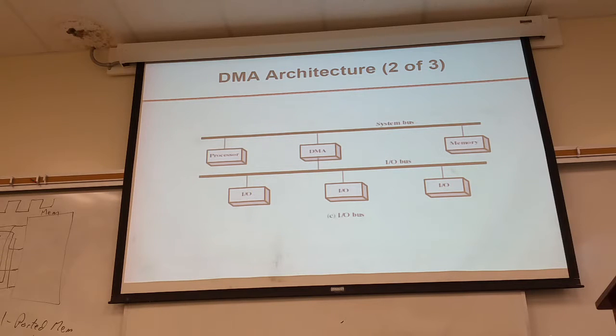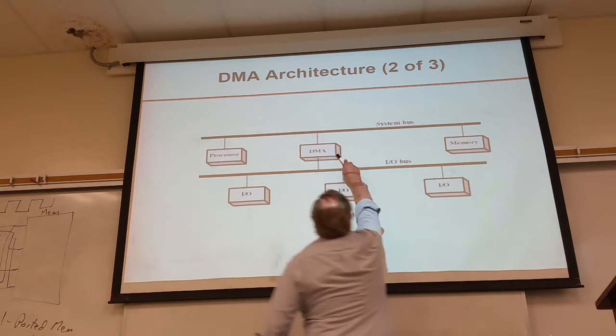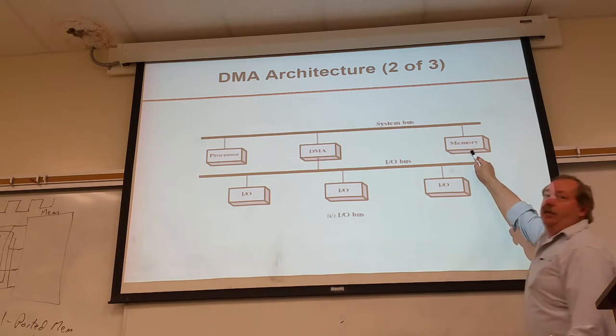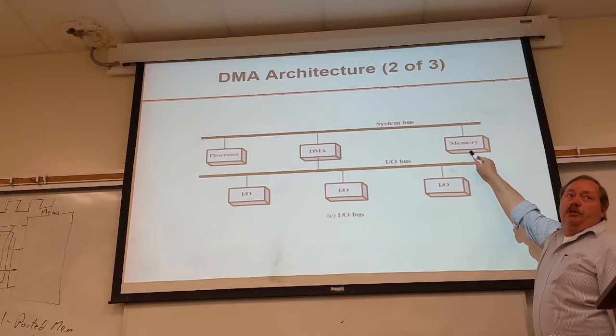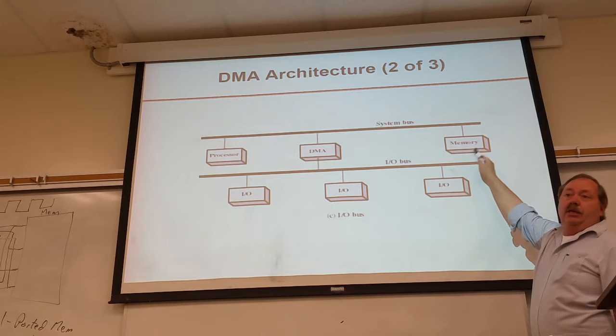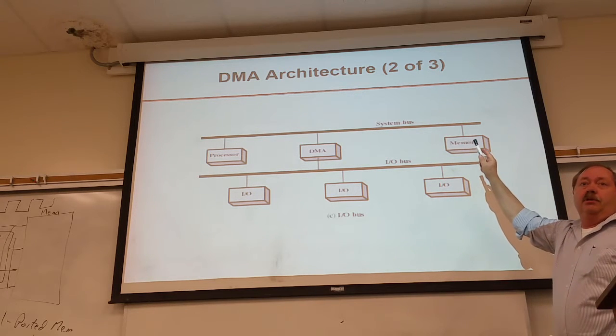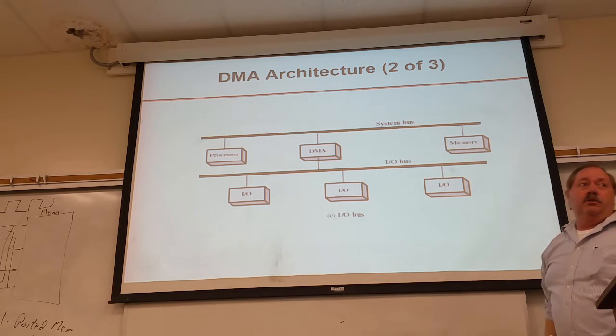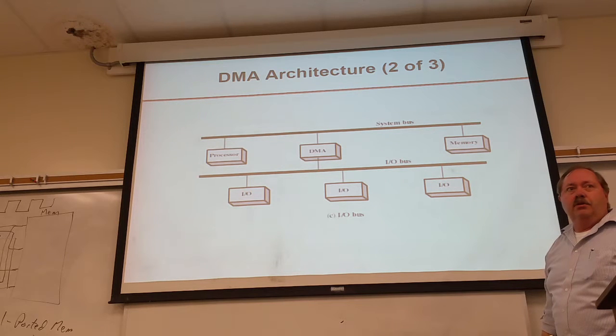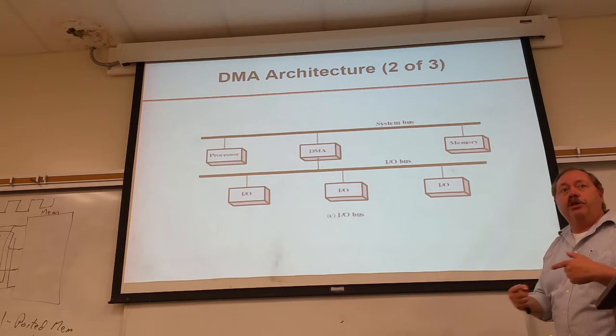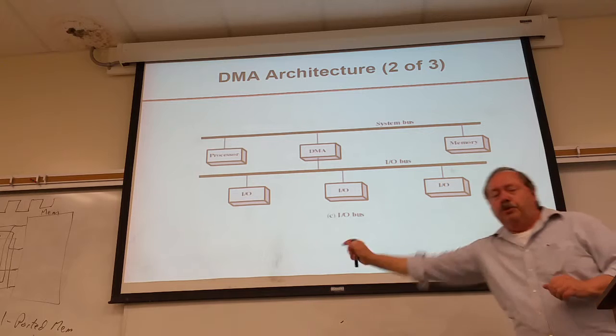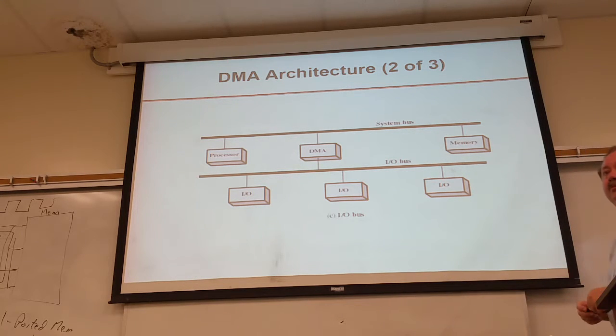Dual ported memory allowed us to connect the DMA to the other side of memory so that the CPU and the DMA controller can both simultaneously access main memory on their own buses. No collisions, unless, of course, they're trying to get the same address location, but dual ported memory solved that problem too with interrupts.